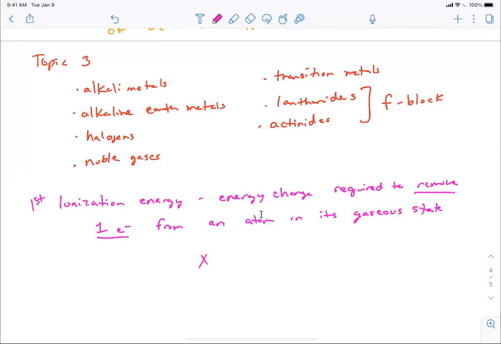You see a generic reaction to represent it, the connection between the atom and its cation, losing an electron, and this is going to be a positive delta H. You have to put energy into the system to give an electron enough energy that it can escape the attraction of the nucleus.